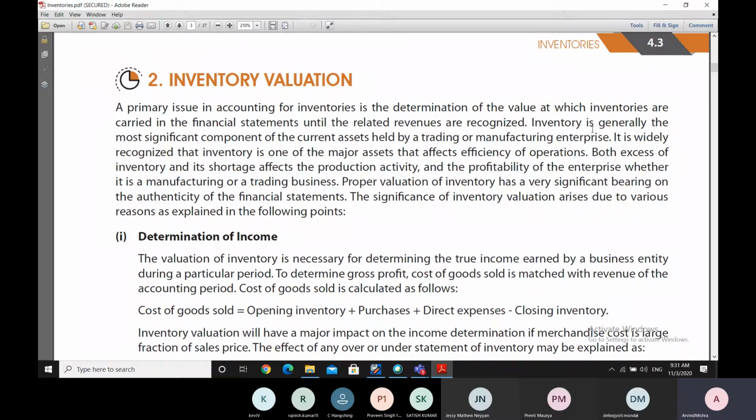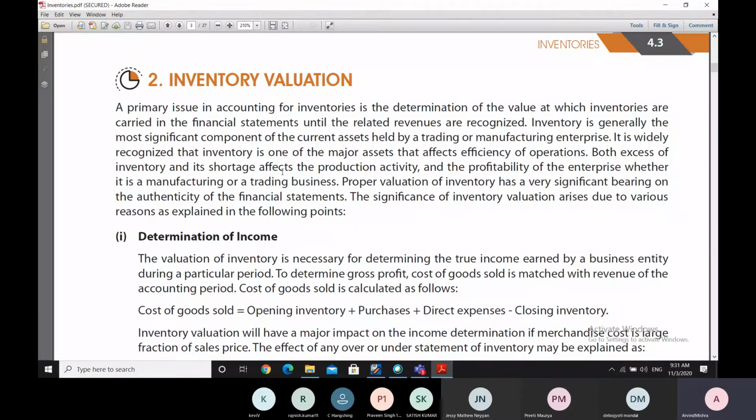So the inventory is generally the most significant component of the current assets part in our financial statements. It is widely recognized that inventory is one of the major assets that affect the efficiency of the operations.